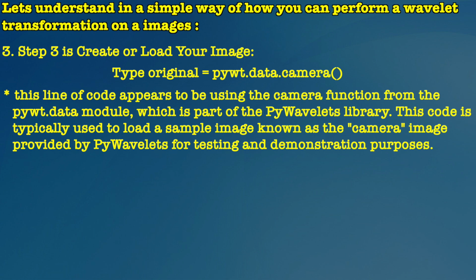This code is typically used to load a sample image known as the camera image provided by PyWavelets for testing and demonstration purposes. Or if we want to load an image from a file, for this we have to write original equal to cv2.imread, and it takes one parameter, image_path.